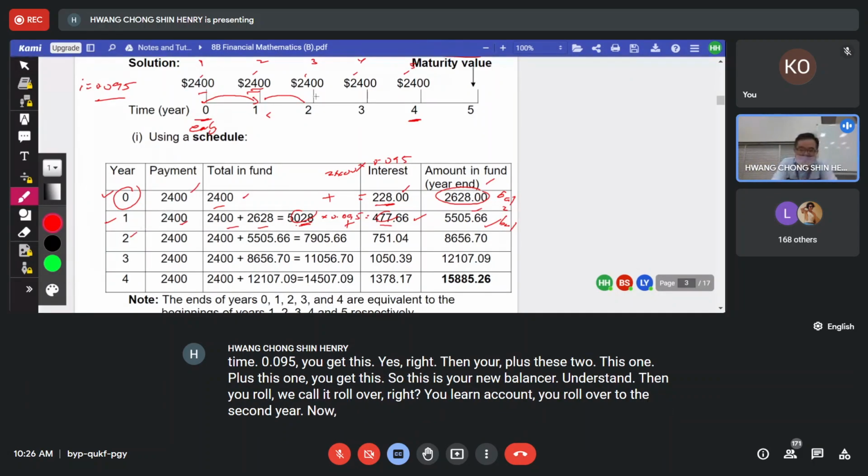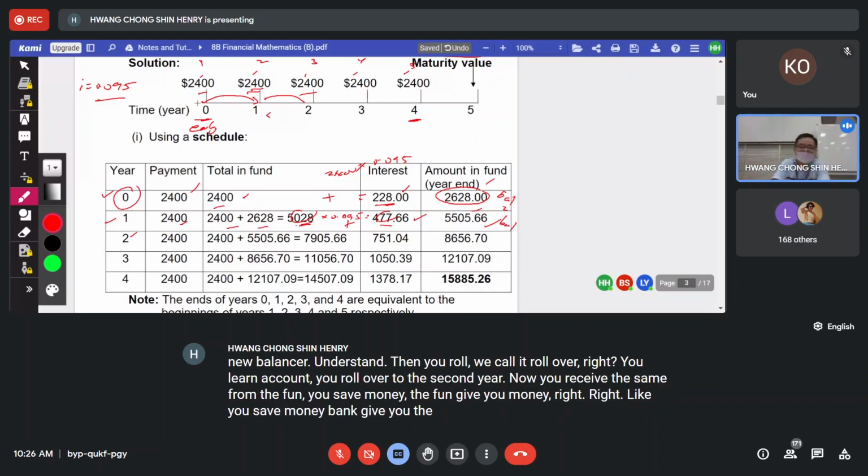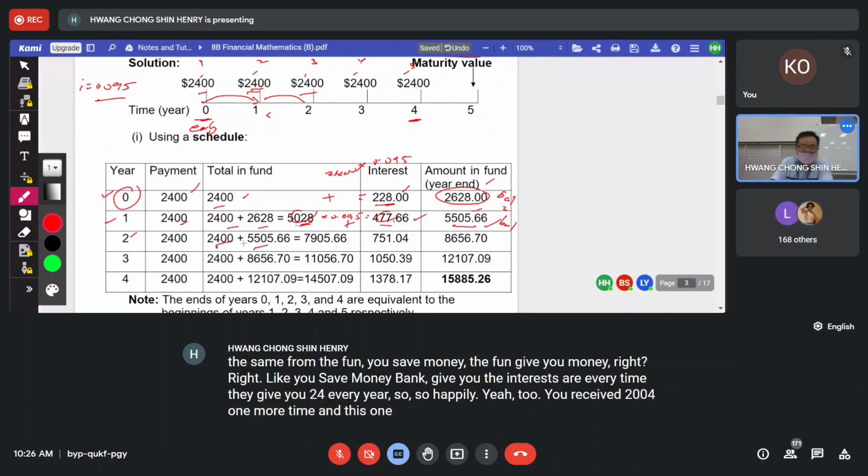Now you receive the same from the fund. You save money, the fund gives you money, like you save money, the bank gives you interest. Every time they give you 2004 every year. So in year 2, you receive 2004 one more time, and this one rolls over, add it up, you get this. Correct or not?